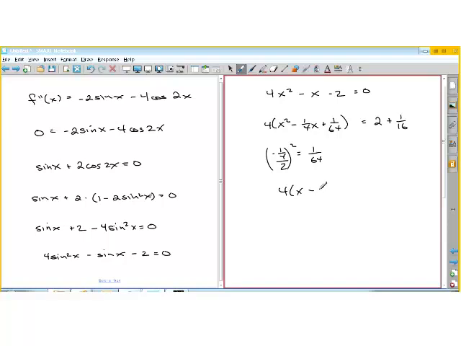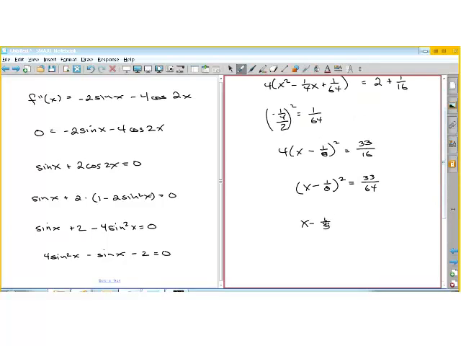So you take x minus 1/8 and you square that. This is negative 1/8 in there. And over here we get 2 1/16, which is 33 sixteenths. Divide by 4. You get 33 sixty-fourths.